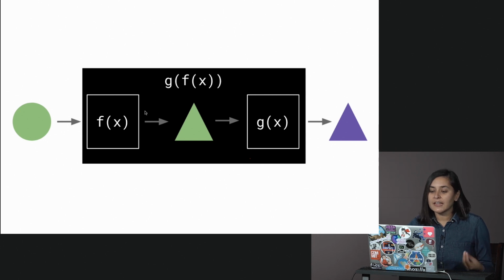So what this might look like is if I had that f of x function, which is turning circles into triangles, and then I have a g of x function, which is turning green into purple, what I actually want to be doing is calling them both on the same input. So first I'm going to call f of x, and then whatever the output of that is, I'm going to call g on that.